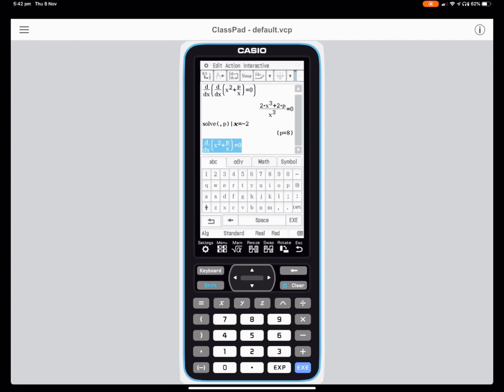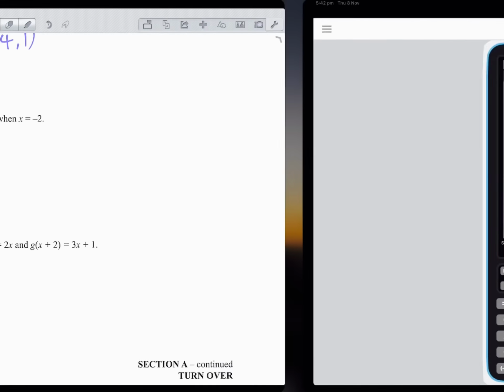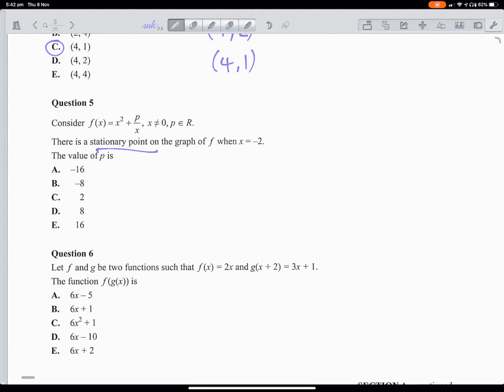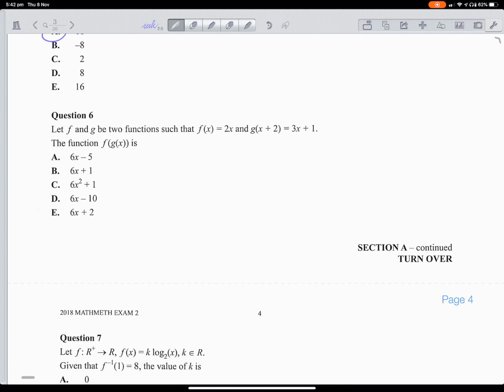And let's paste this into here. And then hit enter on it. P is negative 16. Okay, so that's better. The derivative of that equals 0. Solve for P given x is negative 2. Let's make sure you haven't. Stationary point, x equals negative 2, so P must equal negative 16.